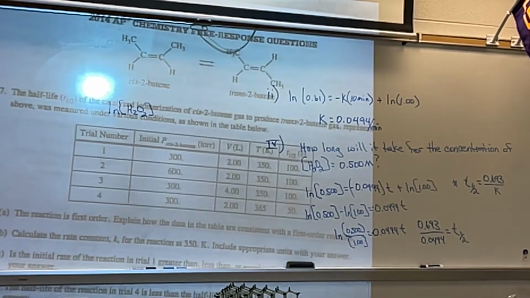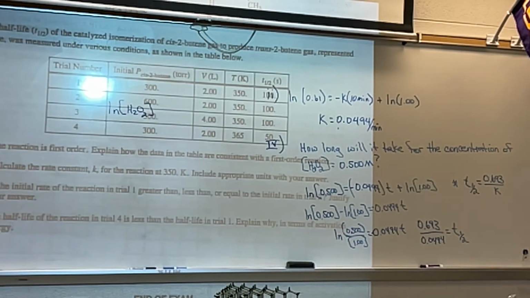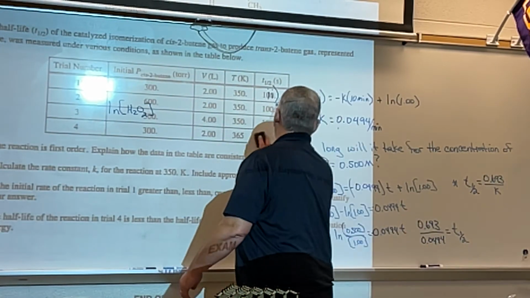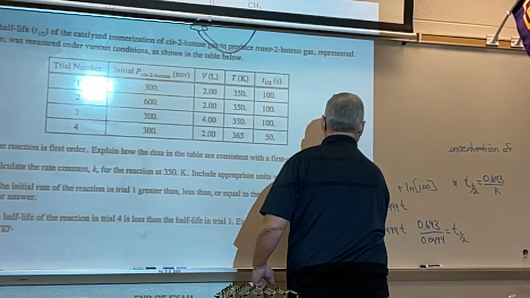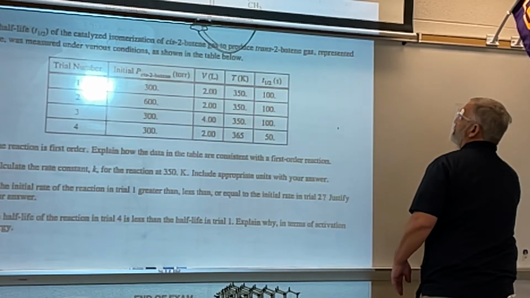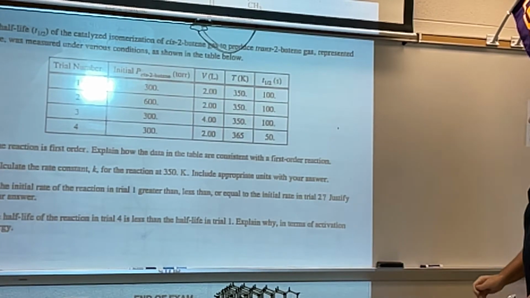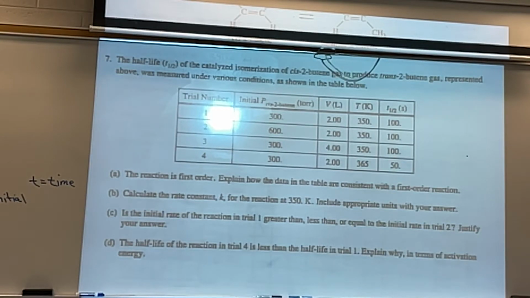So look at 2014. The half-life of uncatalyzed isomerization of cis-2-butene gas to produce trans-2-butene gas, represented above, was measured under various conditions.